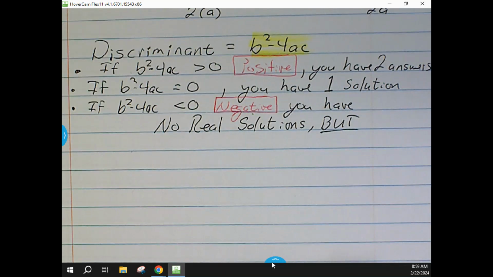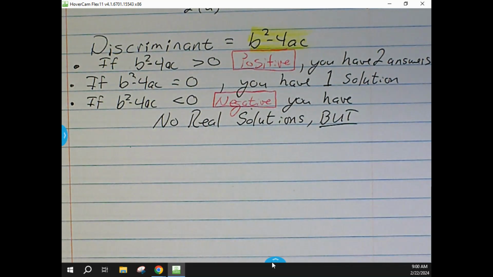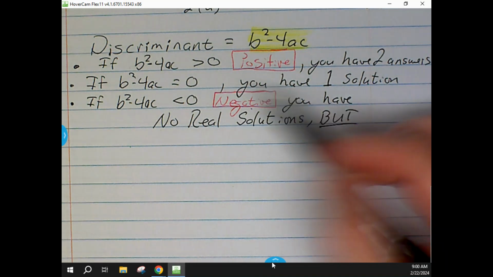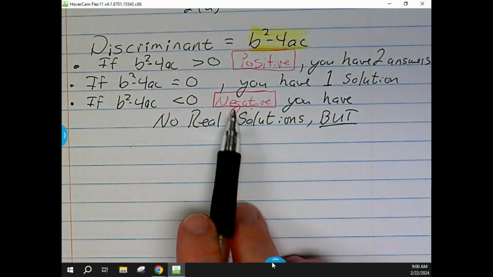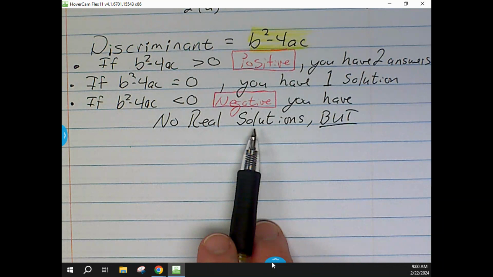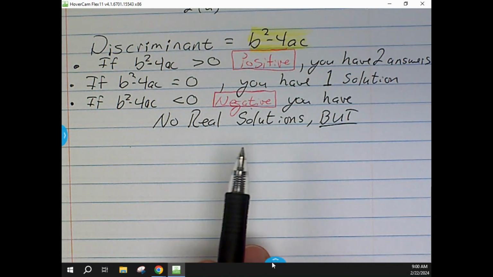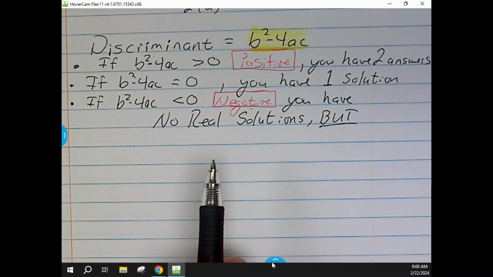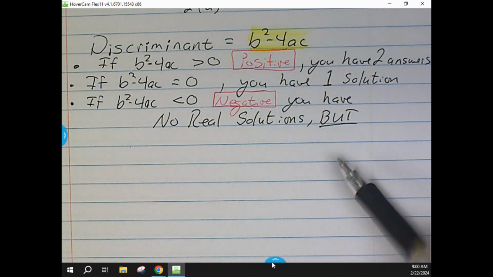So if it's greater than zero, two solutions. If it equals zero, you get one solution. If it's less than zero, you have no real solutions. But this is where we're working with our complex or imaginary numbers. If that's a negative number inside the square root, you'll have two imaginary answers.